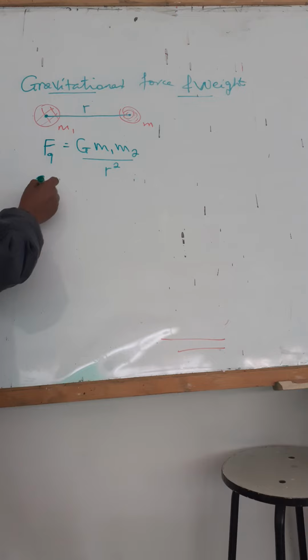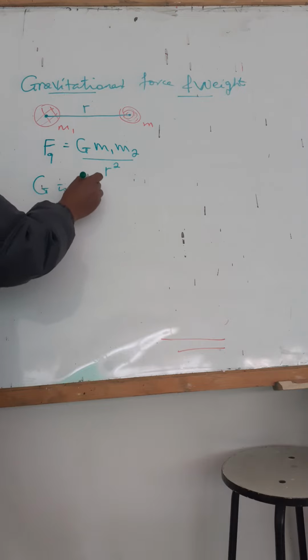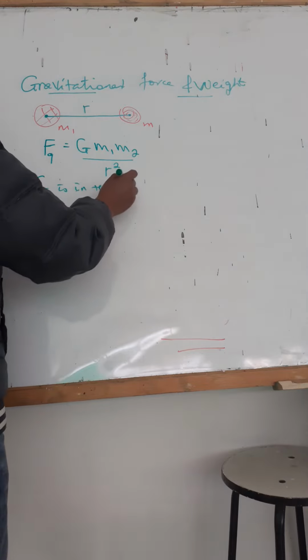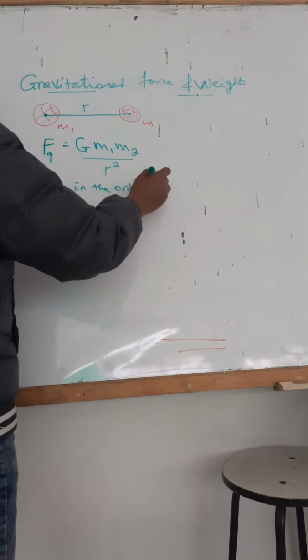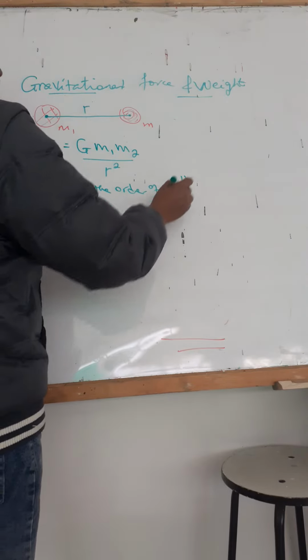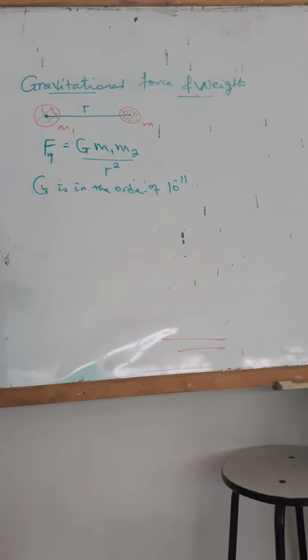And G is on the order of 10 raised to minus 11, I think 6.7 something times 10 raised to minus 11.